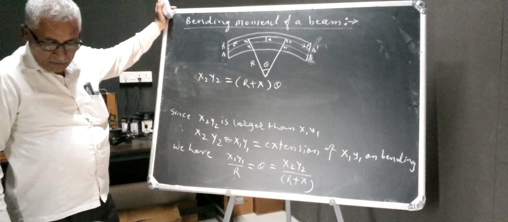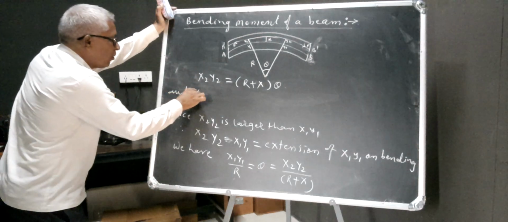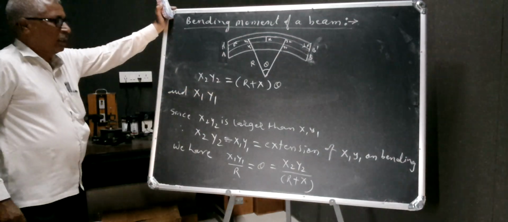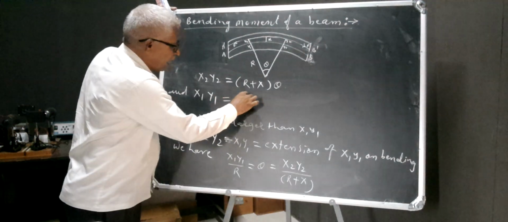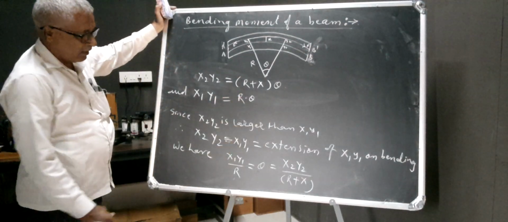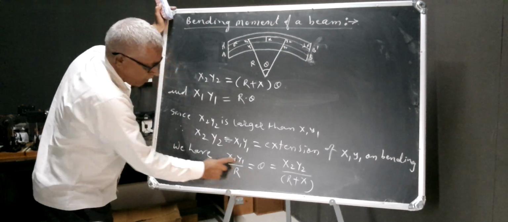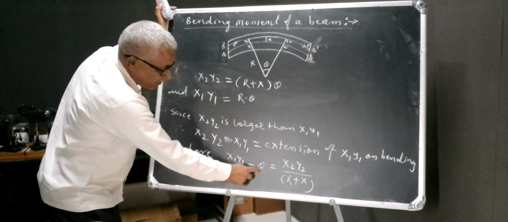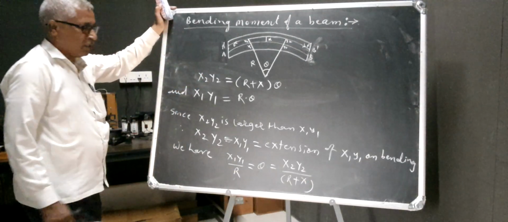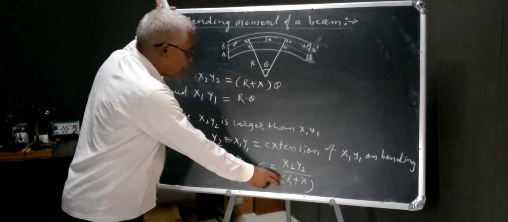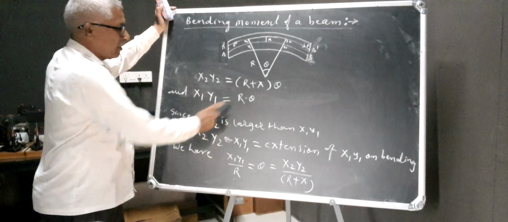Similarly for x1 y1, it equals only r into theta. On the left hand side we have taken x1 y1 upon r equals theta. These are separate equations for theta.